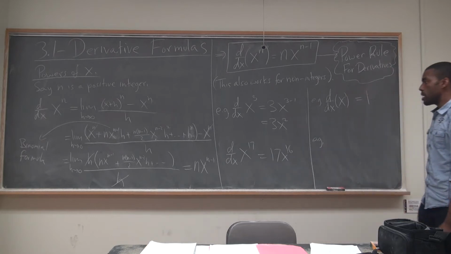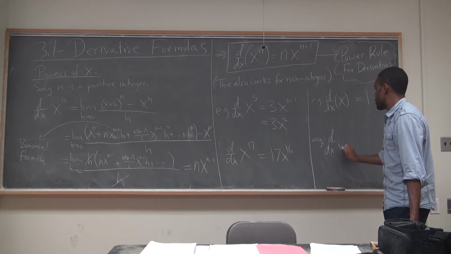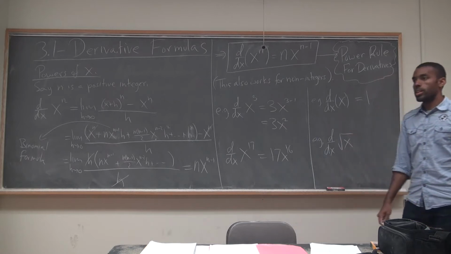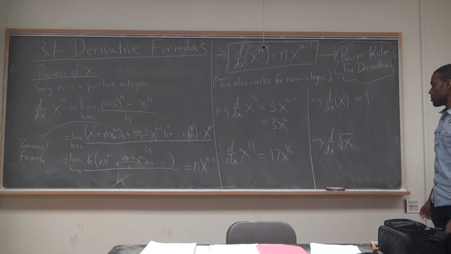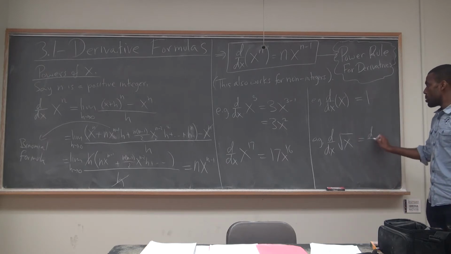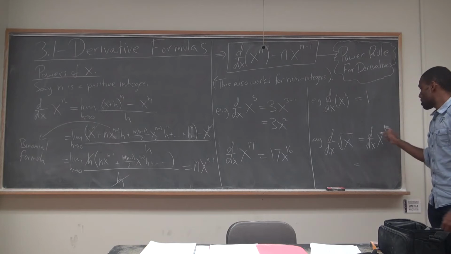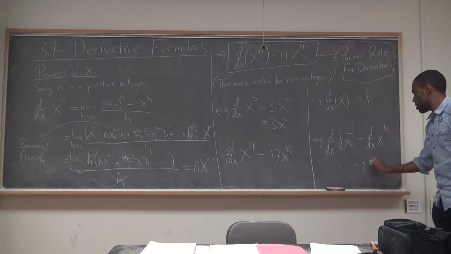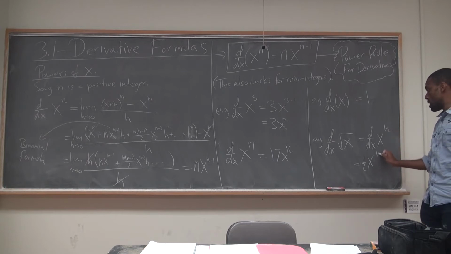Something else that applies here that might not be obvious to you at first. Derivative of square root of x. Right, you'd rewrite this as a power. This is just x to the 1/2 power, and then you apply that rule. You bring the power down, you subtract 1 from the power. 1/2 minus 1 is minus 1/2.